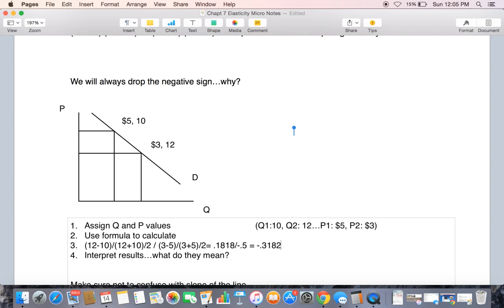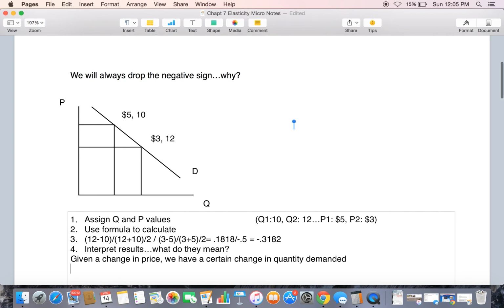When we say that we have a given change in price causing a change in quantity demanded, in this instance, what we have happening is for a 1% increase in price, we see a 0.3182% decrease in quantity demanded.